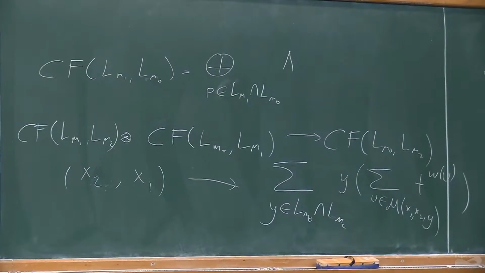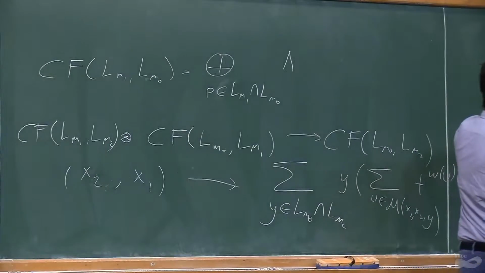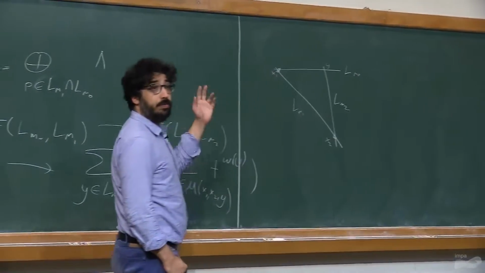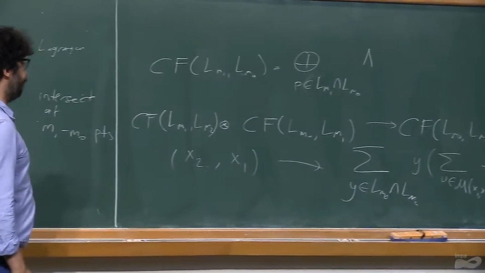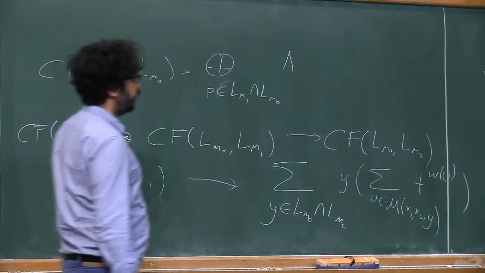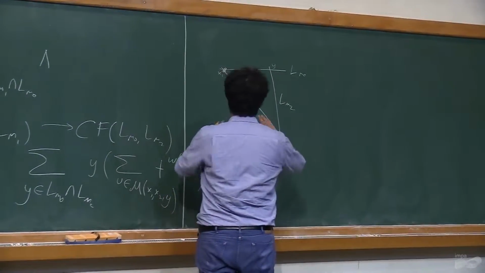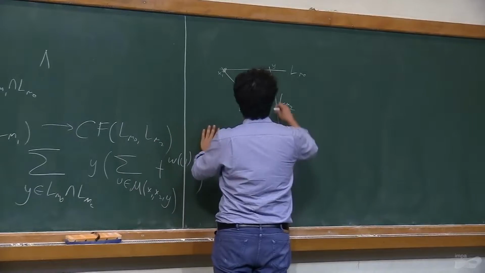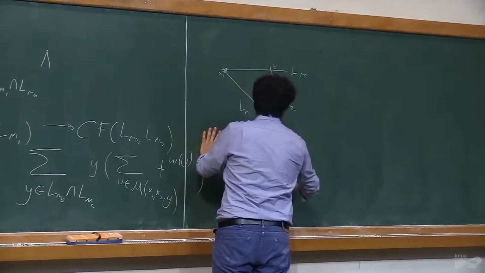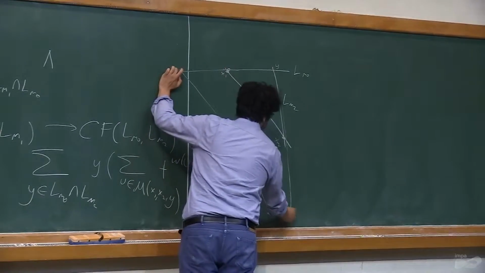So the reason that we do this is if you fix x1, x2, and y, and try to count these triangles, there are infinitely many of them. You can kind of see, if you look at the universal cover of this torus, all these triangles unwind, and there are bigger and bigger ones like this, with the same corners.